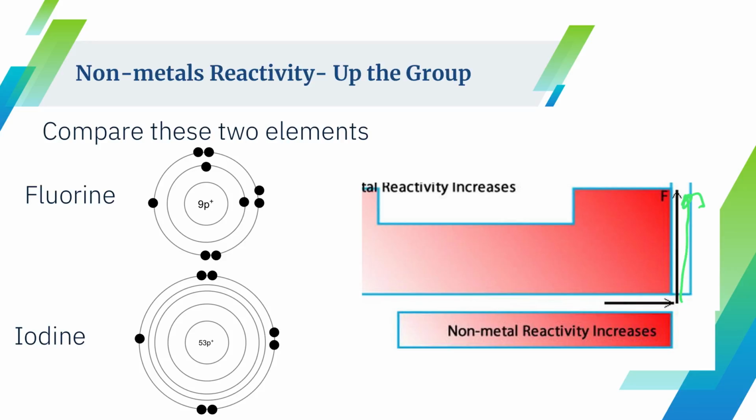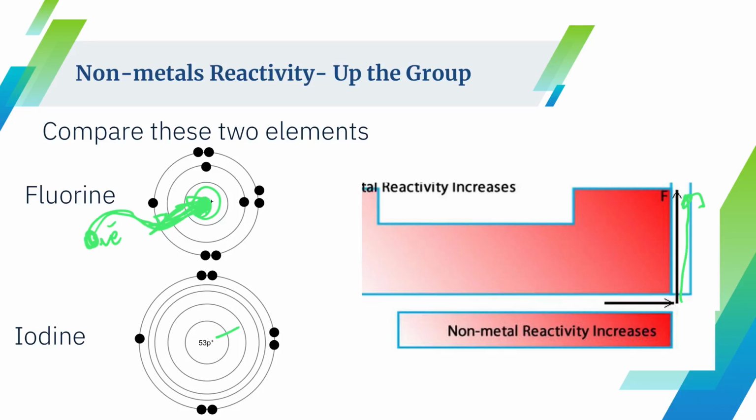Because fluorine has this positive nucleus with the 9 protons, and we have another electron coming over here, there's less distance and less shielding of this pull. So this electron that's coming in from group 1 is going to see this positive nucleus, and it's going to want to come over and react.